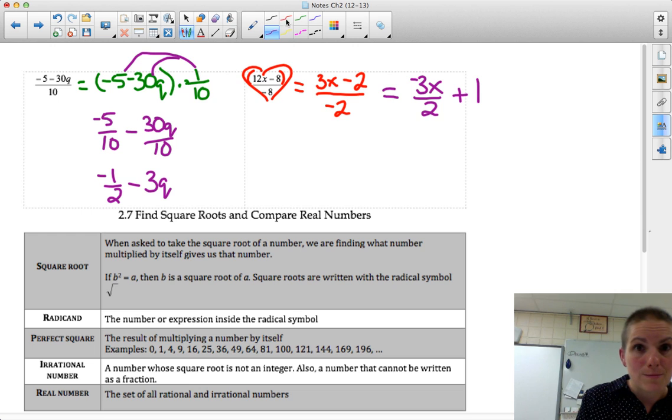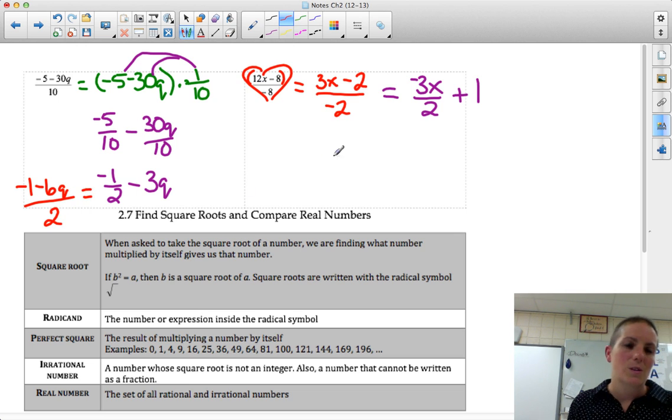Similarly, if you had used your heart method in the first problem, then you would have ended up with negative 1 minus 6q all over 2. So, depending on which method you use, you could have ended up with either answer, and they're exactly the same.